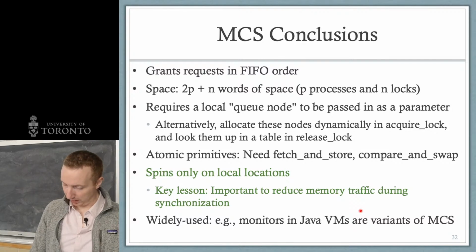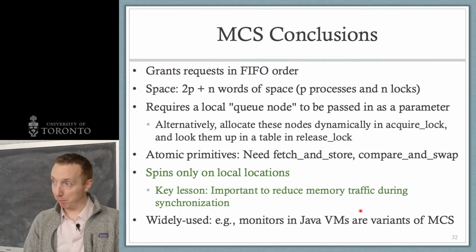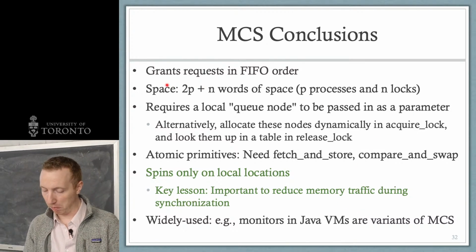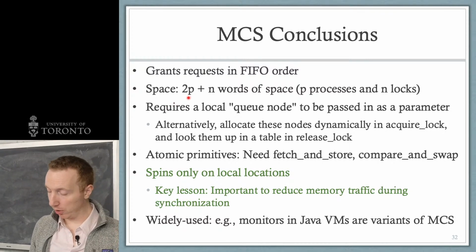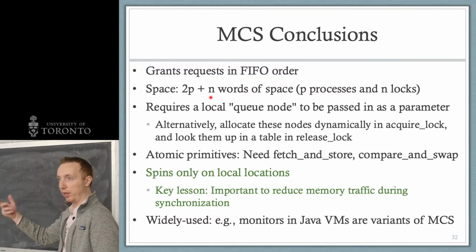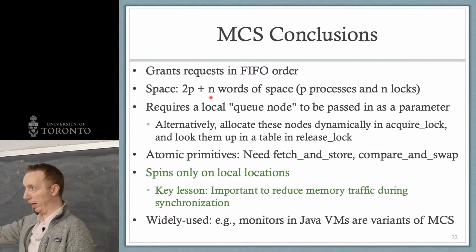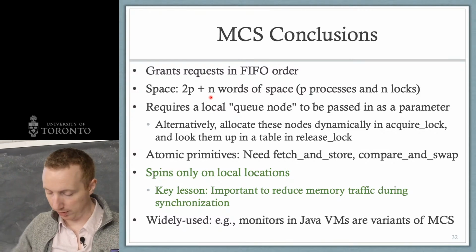All right, so that type of lock, in conclusion, needs a bit more space than normal mutexes. The space it needs in terms of words is 2p plus n. This n is for each lock. It needs that global next pointer, so that's one word. A word is just the size of a pointer.